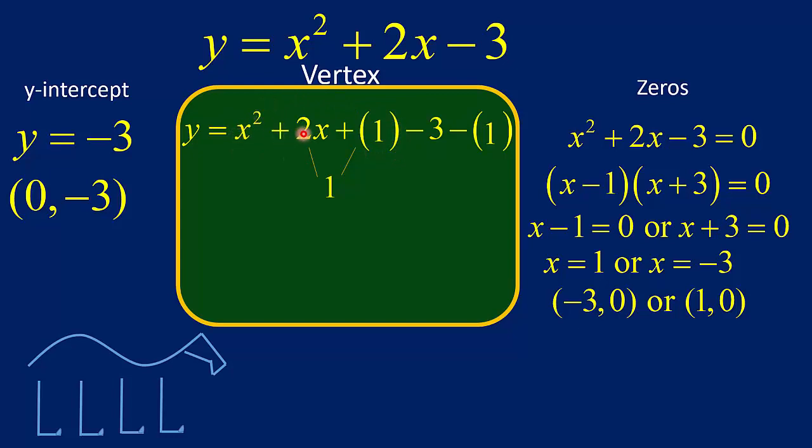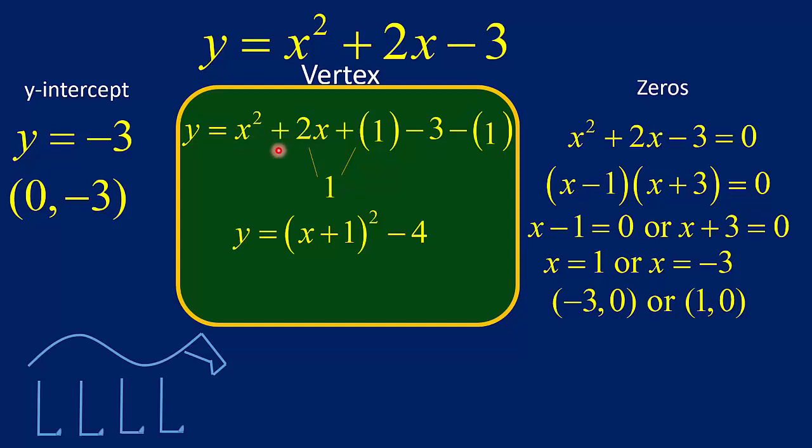And I've made this x squared plus 2x plus 1 so that I could write it as x plus 1 squared. See? X plus this number right here squared. And then, of course, over here I've got -3 minus 1, -4.